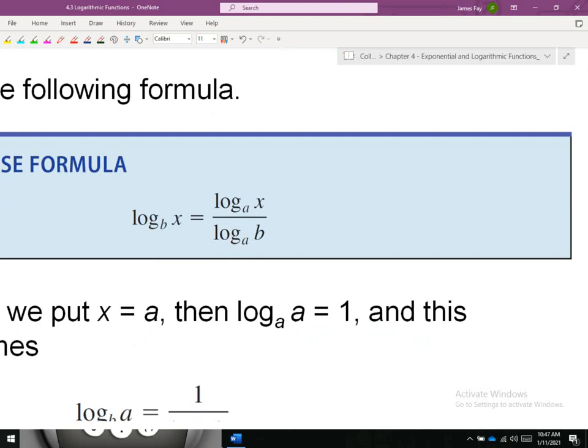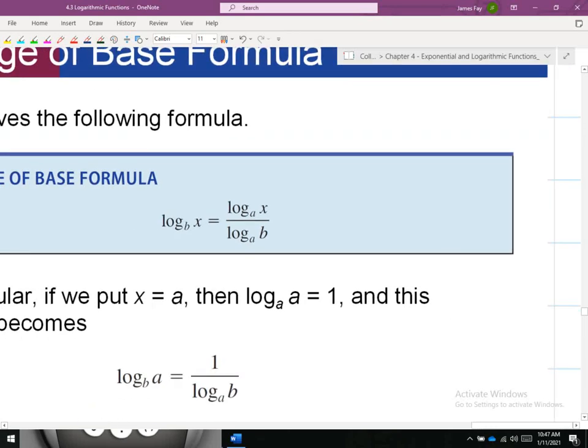We have what we call the change of base formula, which basically says log base b of x is the same thing as log base a of x divided by log base a of b. That's the change of base formula, which allows you to do exactly that, change the base.